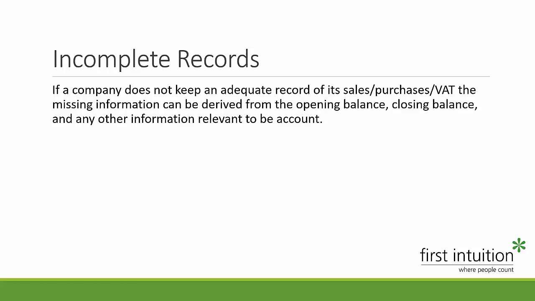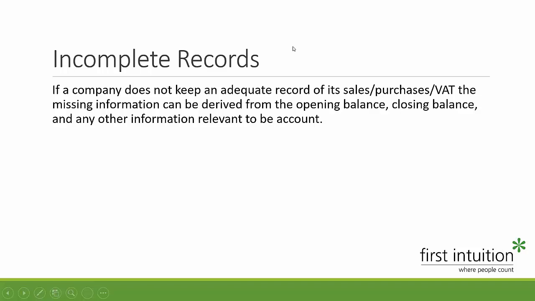So in an exam application, or in an application which is perhaps more relevant to you guys on FAPI, we're looking at if we're missing adequate records on things like sales, purchases, VAT. What we can do is use the information that we do have to fill in the gaps. For example, you may be given an opening balance, a closing balance, and then any other information that might be relevant.